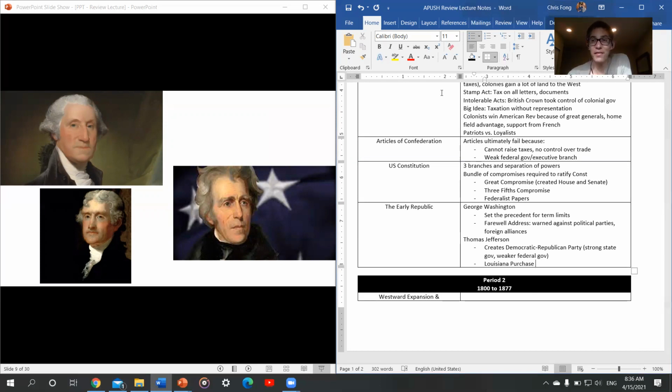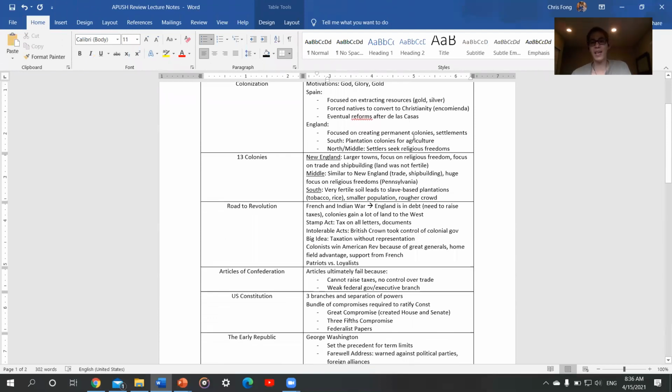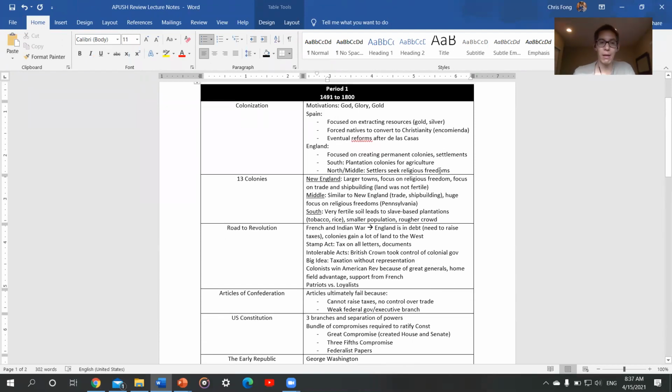We're going to pause here for now as we finish up period 1. Again, things that you need to know, and pause here to grab these notes if you need to. You should be able to compare and contrast Spanish versus British colonialism. You should be able to compare and contrast some of our different colonial regions.